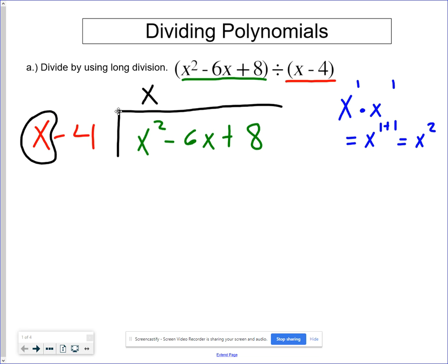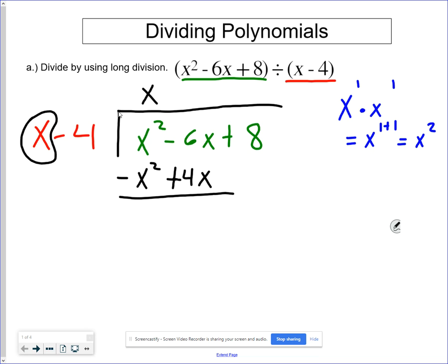We'll take x times x, which we just talked about was x squared, but now we'll also take this negative 4 times x, which is negative 4x, and this whole term is the term we're going to be subtracting from the first two terms of this polynomial. So we'll flip the signs on both of them.